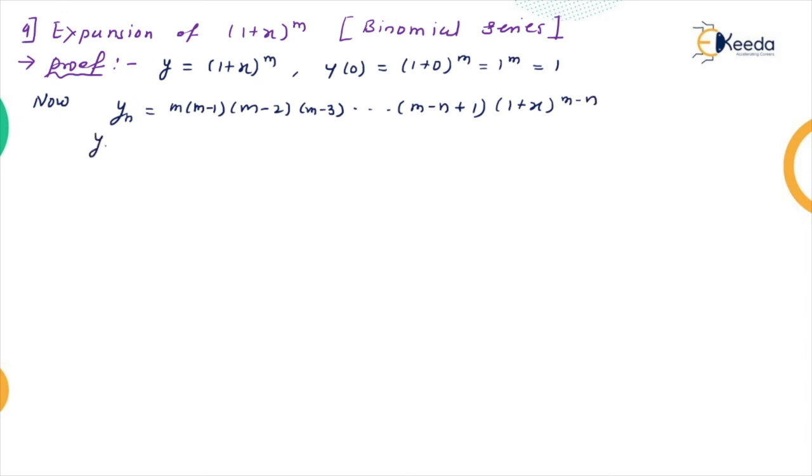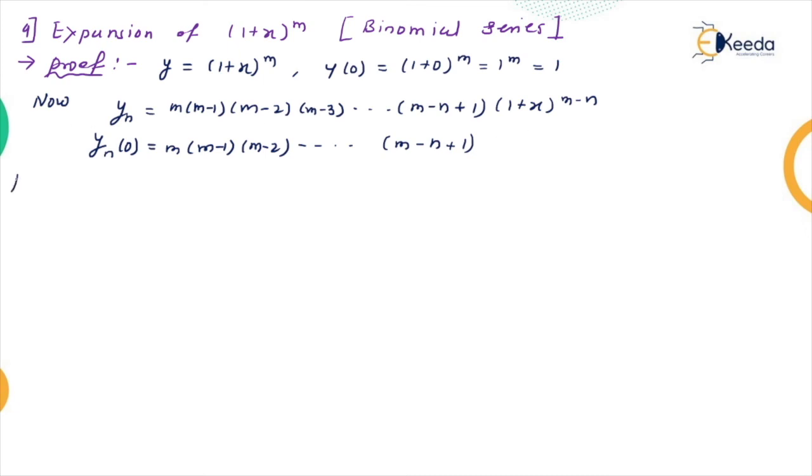Now we also have to find yn of 0, that means at the point x is 0. The formula is as it is, there is no change. So m into m minus 1, m minus 2, and so on up to m minus n plus 1, into 1 raised to m minus n, that becomes 1.